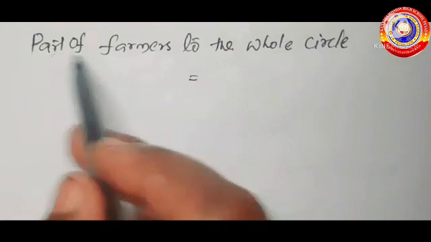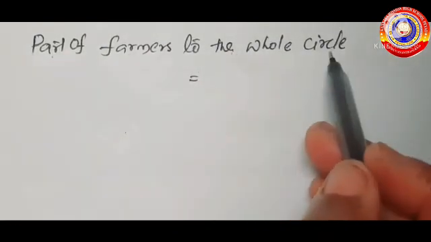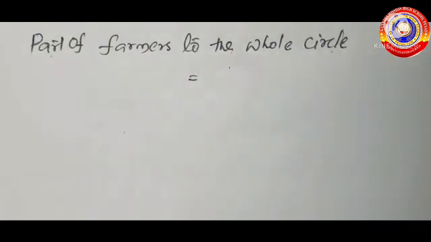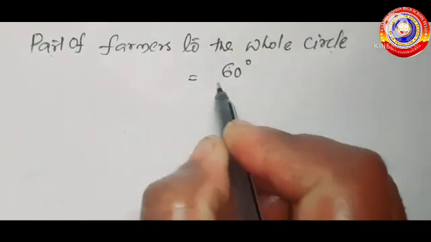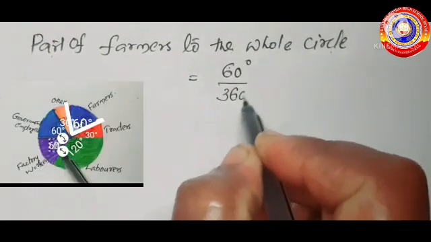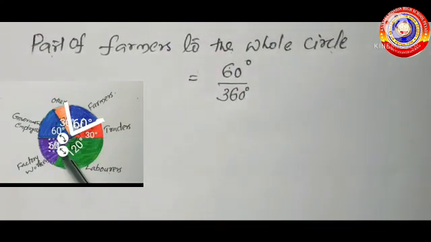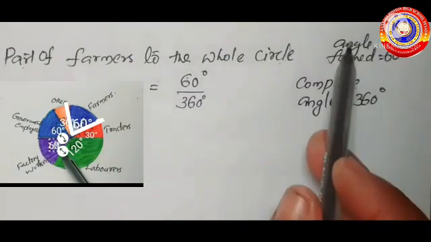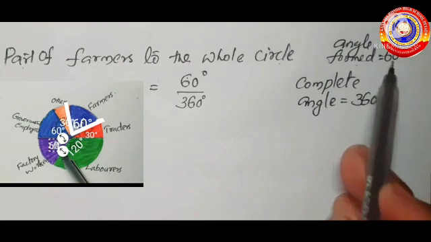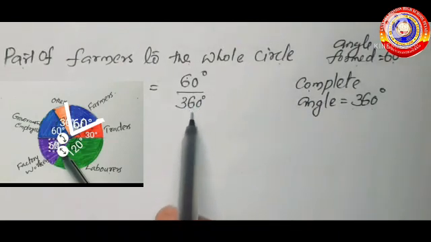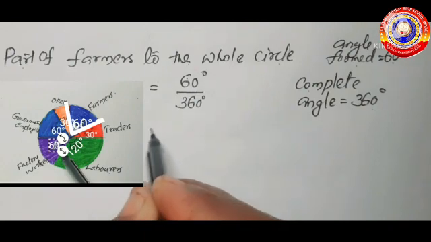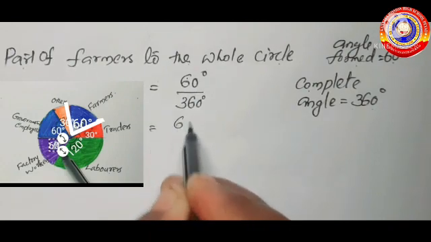For that we have to find the part of farmers to the whole circle. We know that the angle formed by the part of farmers is equal to 60 degrees and the complete angle, that means the angle around a circle, is 360 degrees. So, the part of farmers to the whole circle is equal to 60 divided by 360.